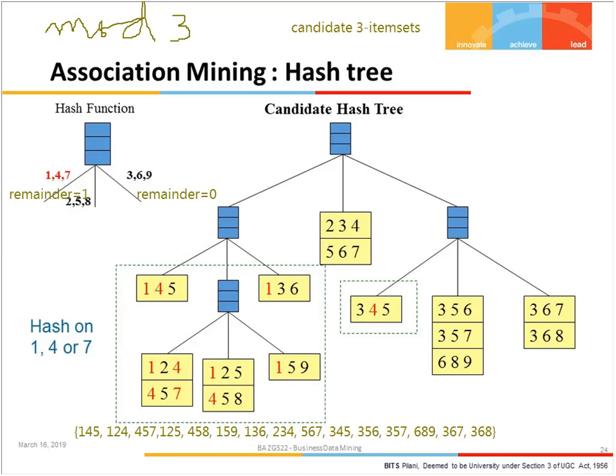That's the way we organize the tree. Leftmost is 1, middle one is 2, and the right one is 0. So every time we look at a candidate, we are going to organize it, put it into one of the leaf nodes.